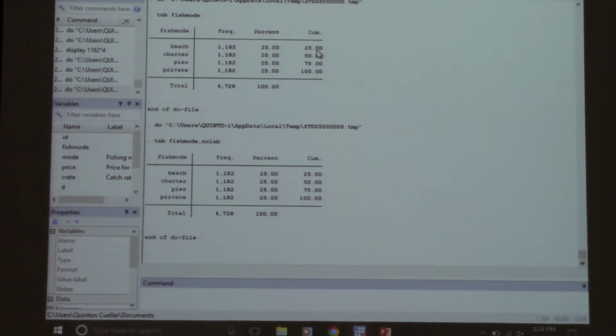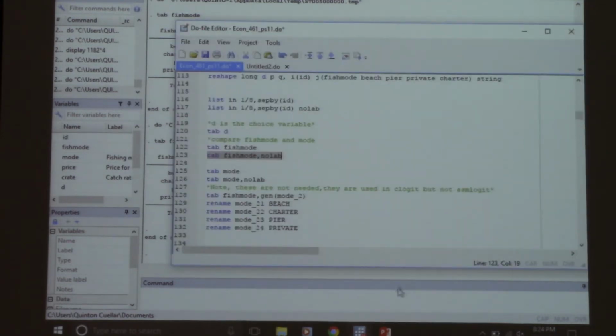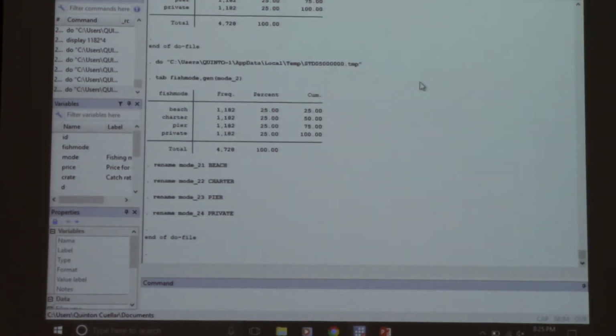We need some dummies for each category. So we're just going to tab fish mode, generate mode 2. And then we're going to rename those so we don't have to memorize that fish mode 2.1 was beach, and 2.2 is charter, and 2.3 is pier, and 2.4 is private. So now we have those dummies.